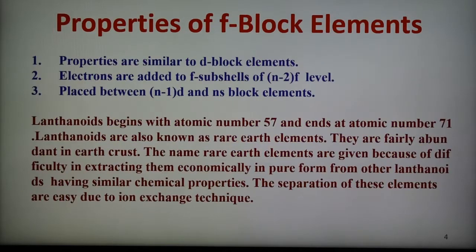In the next slide, there are certain properties of f block elements.